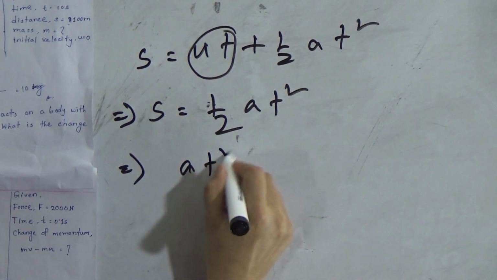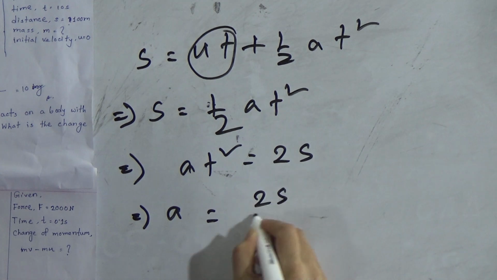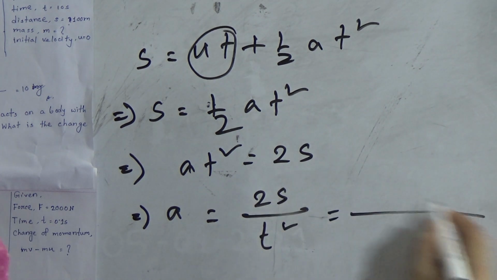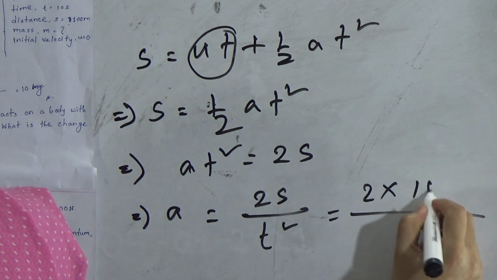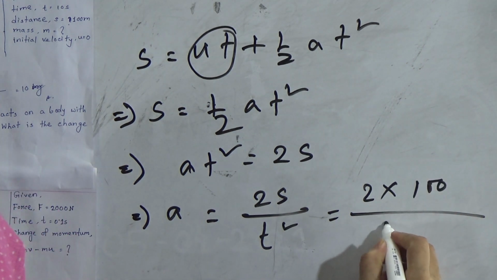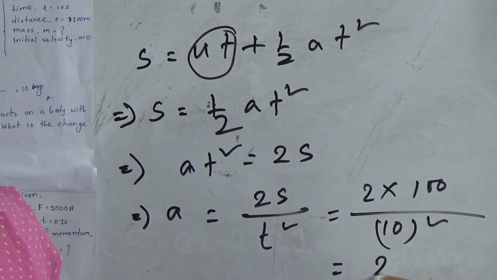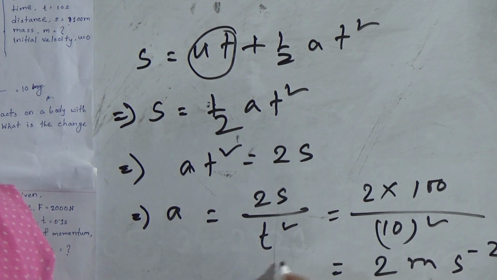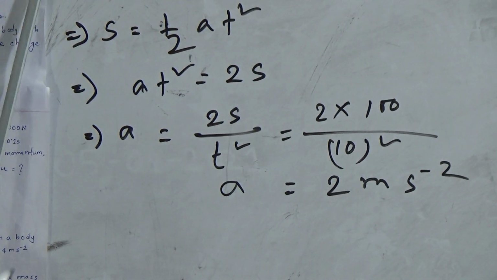So a t square equals 2s, so a equals 2s divided by t square. Here we put this value. S means 100 and t means 10 whole square, that means we will find 2 meter per second square. So acceleration is 2 meter per second square, and then we have to find out the mass.